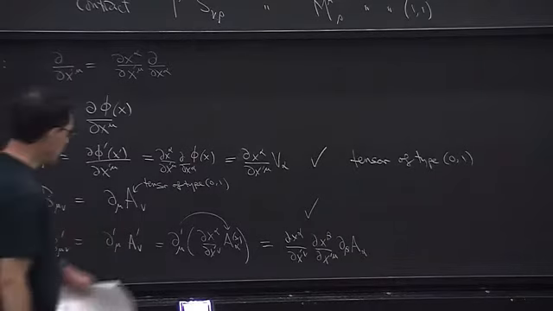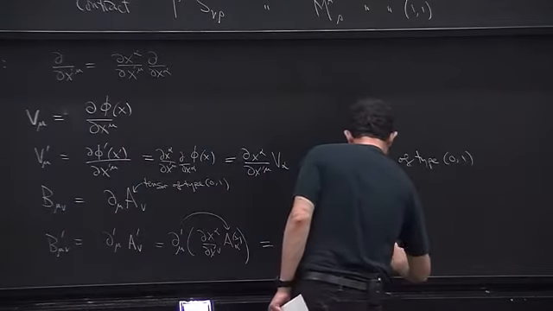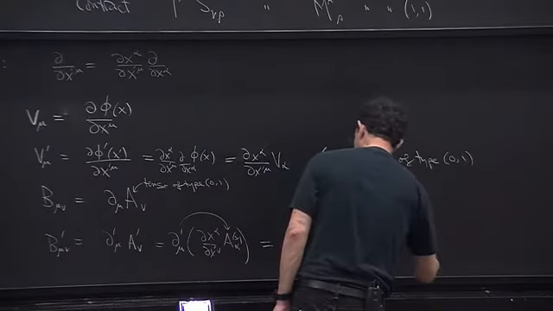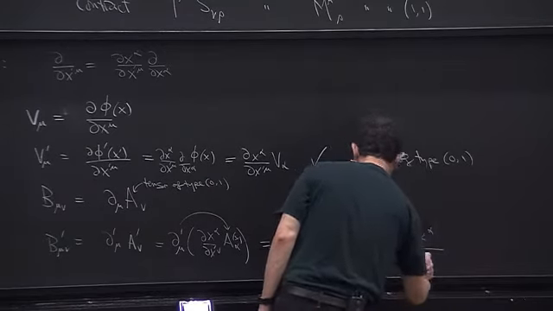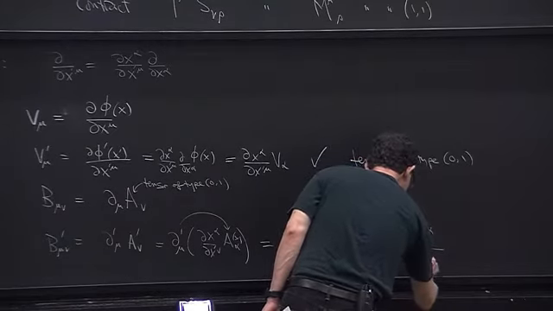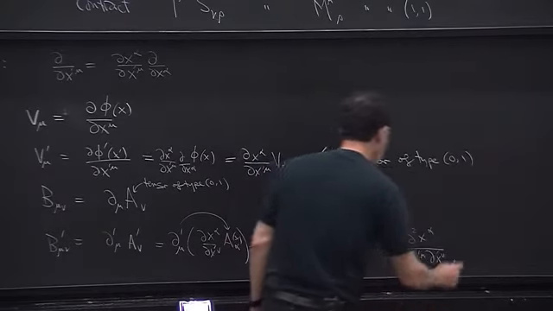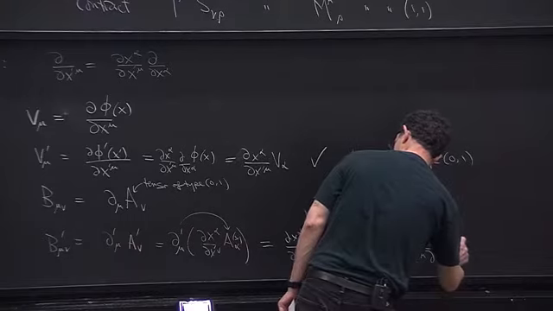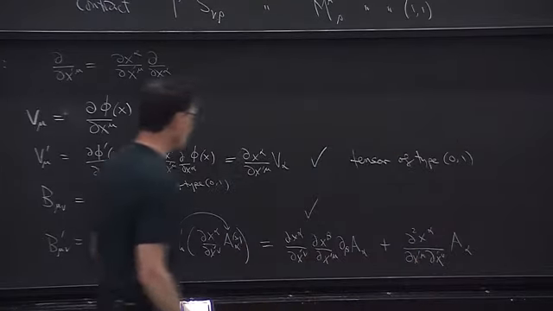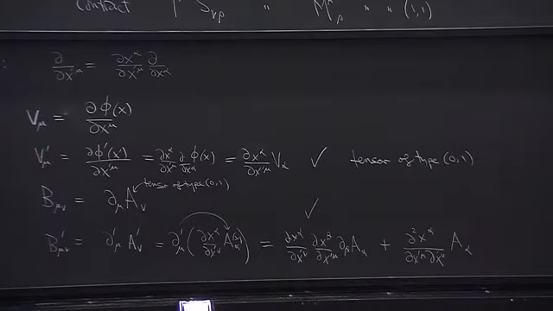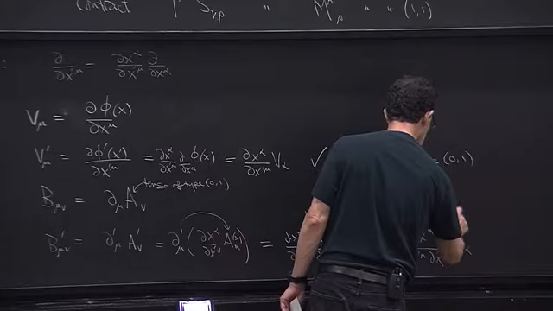But the problem is I've got to differentiate this guy as well. Okay, so I get an extra piece. So I get d2x alpha dx prime mu dx prime nu a alpha. That's nothing like a tensor transformation law, so that's bad.